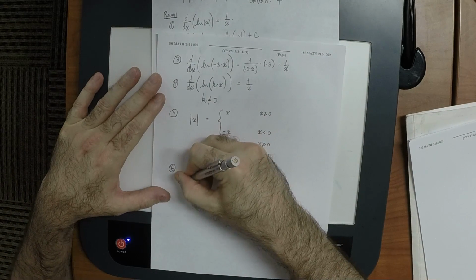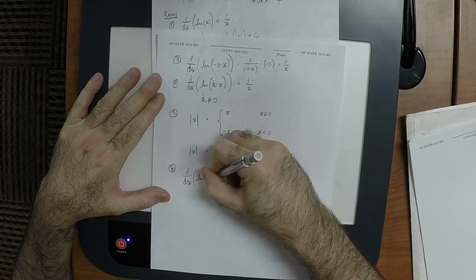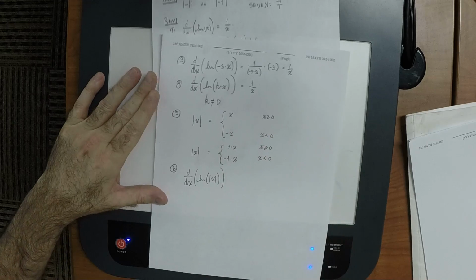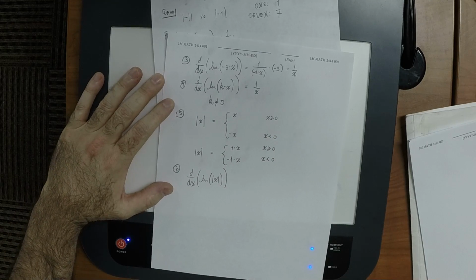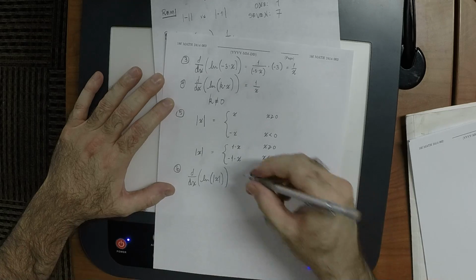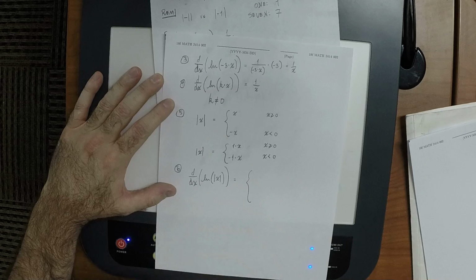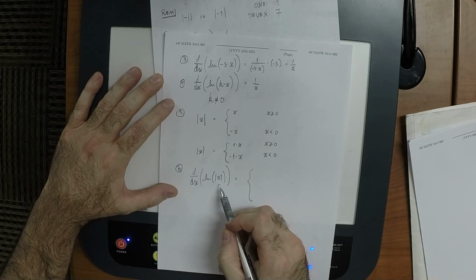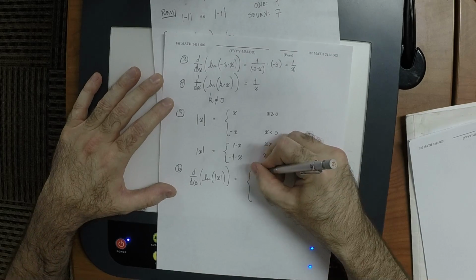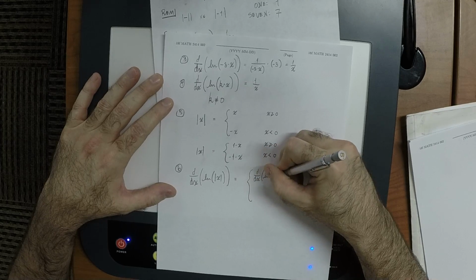So as a result, we can calculate what is the derivative of the logarithm of the absolute value of x. Well, there's two cases, in fact. If you happen to be at a positive x, then what's the absolute value of x? It'd be the derivative of the logarithm of x.